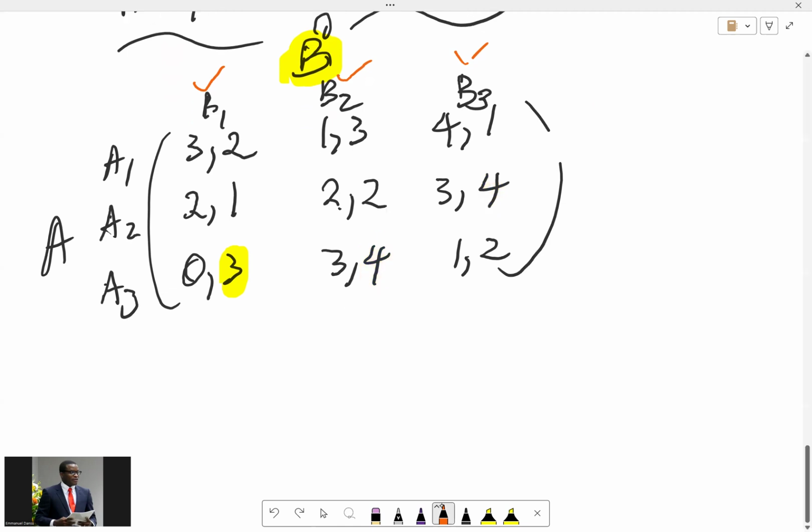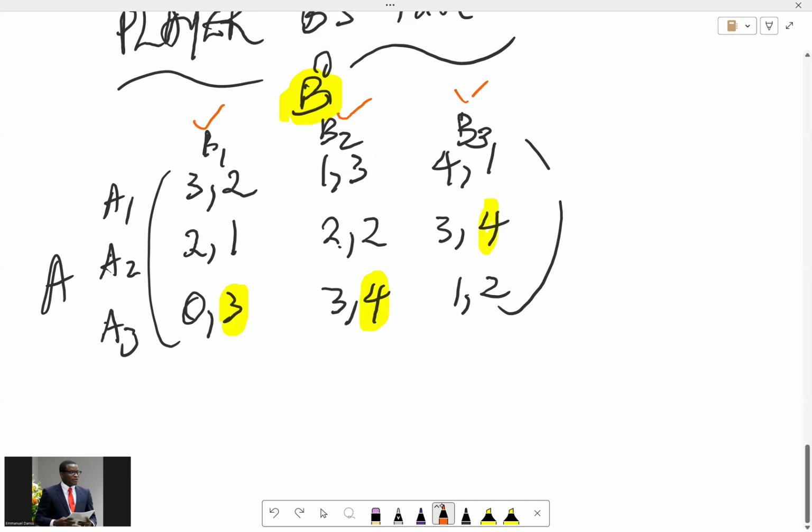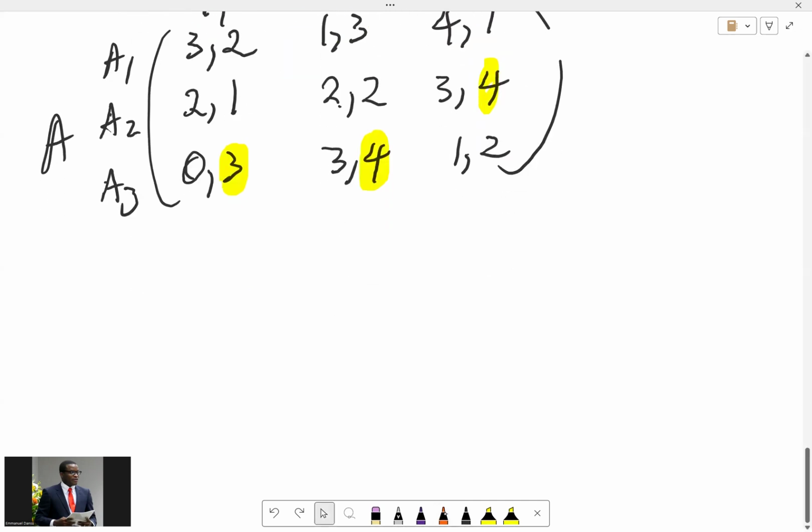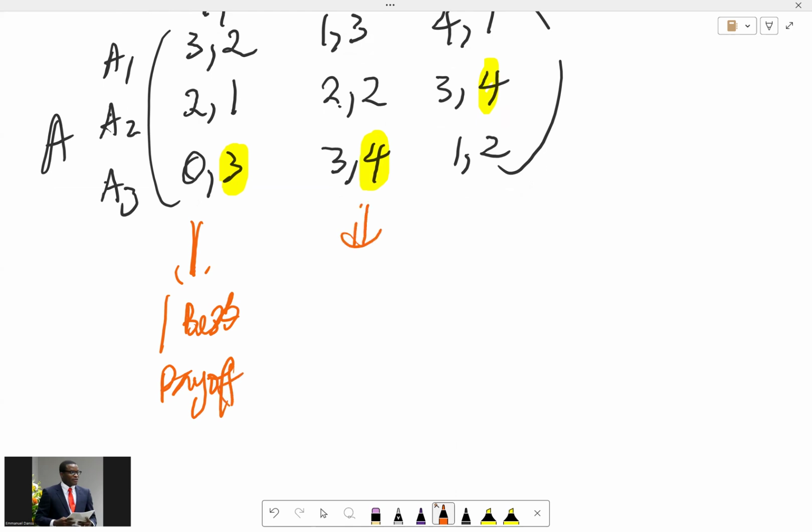So in that case, we can go step by step and compare and check them in pairs, since that was the approach I started with. Here we have one best payoff, one best payoff here, one best payoff again, and coming here, one best payoff.